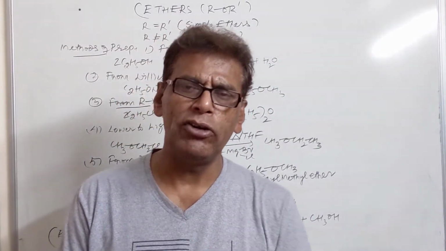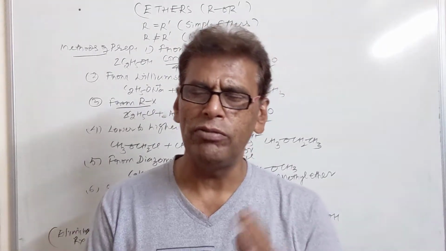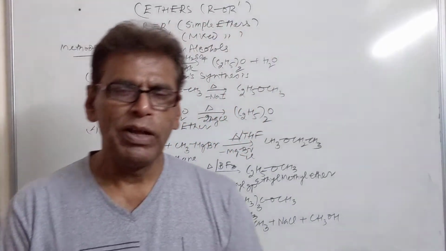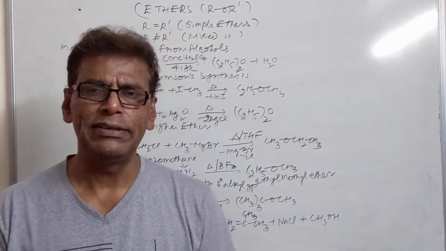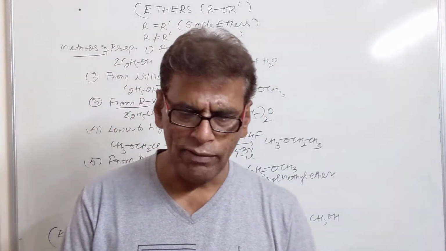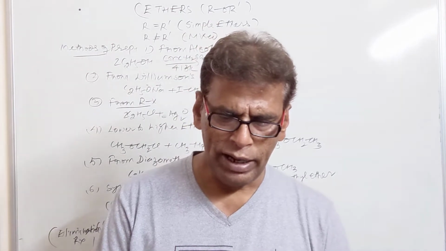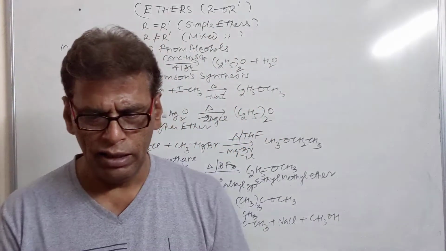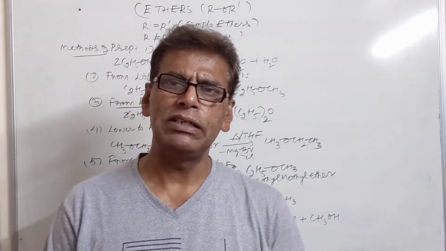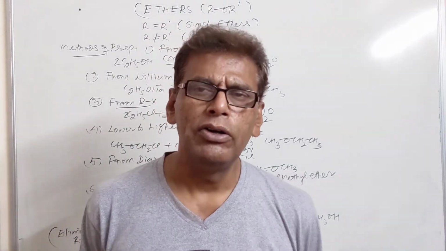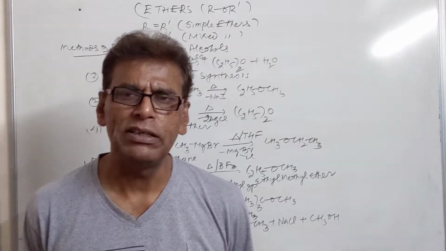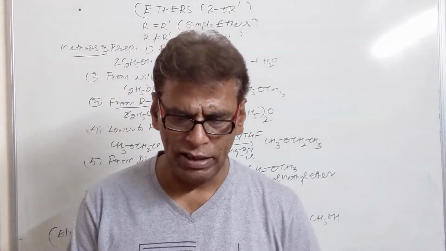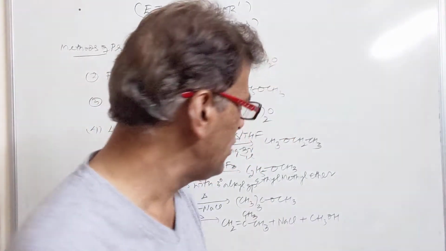The dipole moment of dimethyl ether is 1.13 D, and that of diethyl ether is 1.18. Boiling points of ethers are almost similar to those of alkanes, since the magnitude of the van der Waals forces present in alkanes as well as in ethers is of similar magnitude.